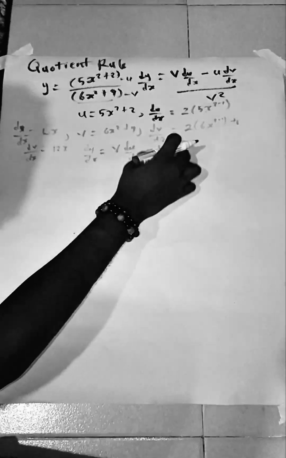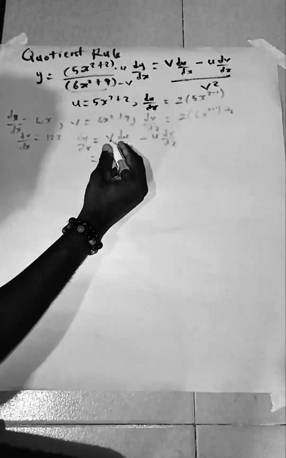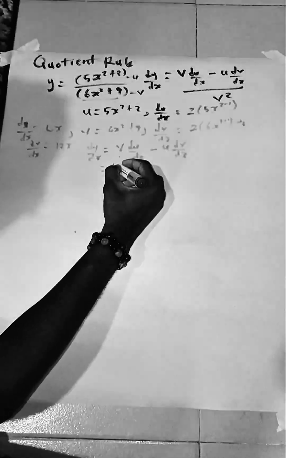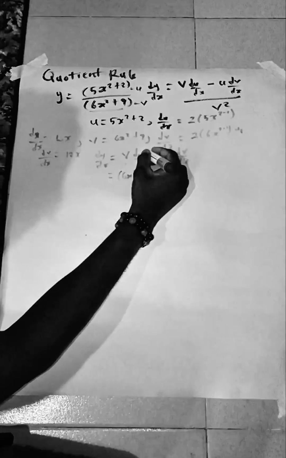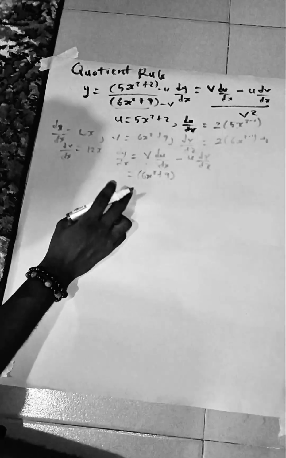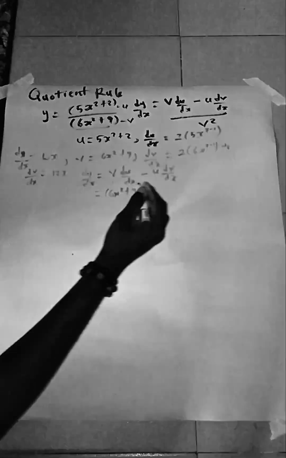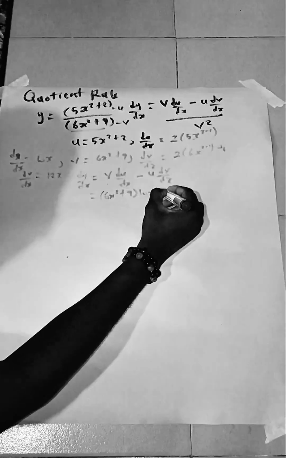So let's plug our functions into this formula. This is going to equal, our v is what? 6x squared plus 9. So we have 6x squared plus 9 multiplied by our du by dx. Our du by dx is exactly what? 10x. Yes, we established that here. Multiplied by 10x, then minus our u.